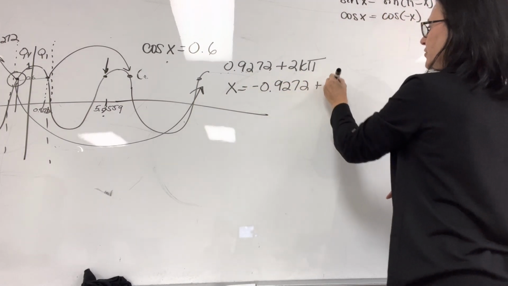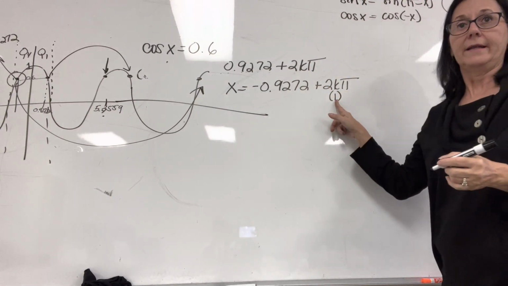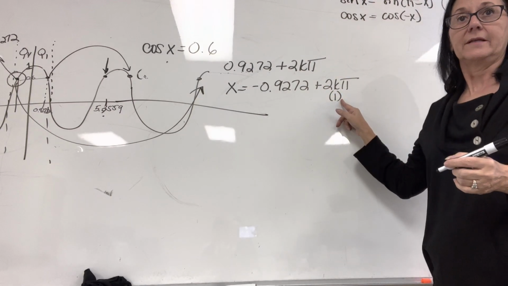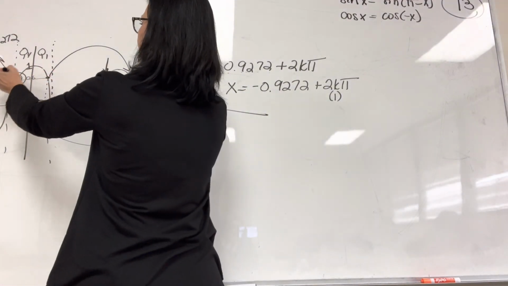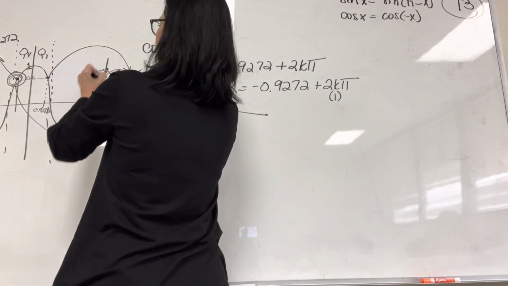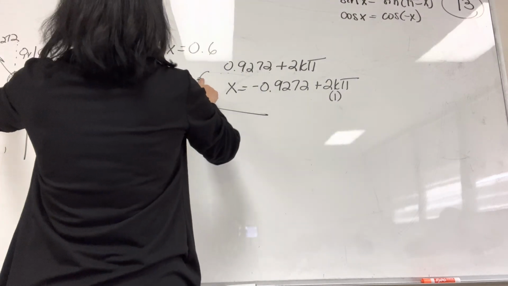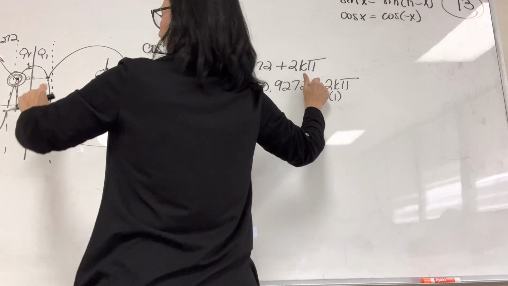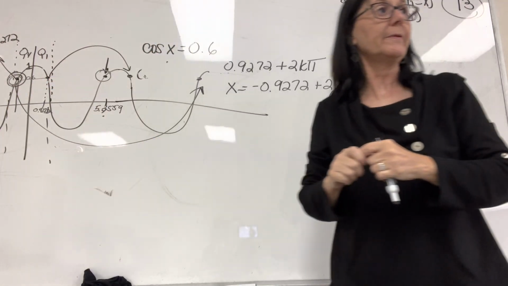I added 2 pi to it, k equals 1, to get to there, because the distance from here to here is 2 pi. So it repeats: 2 pi, another 2 pi, another 2 pi. And it repeats from here, another 2 pi. Do you see how it repeats at different places on the circle?